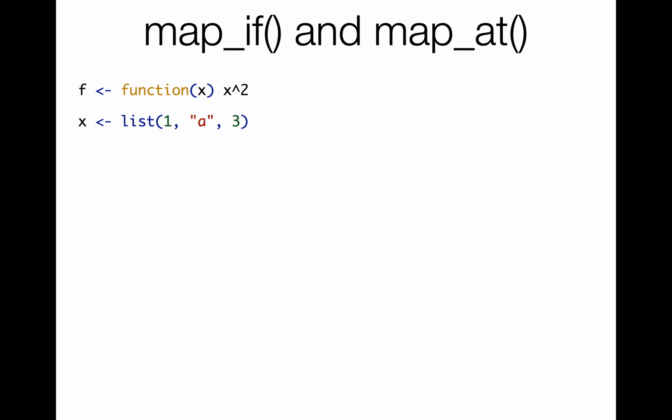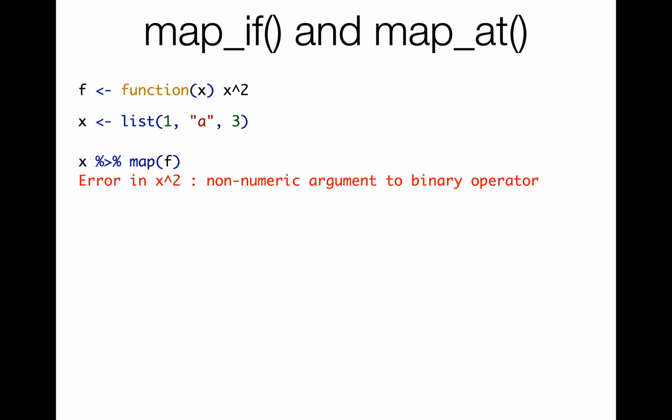For instance, I've got my function x squared, and then I make x, which is a list of 1, but then I replace the 2 that I had there before with an a, and then 3. Of course, if I try to just use map on x, it's going to yell at me because I can't square an a character, and so we run into a problem.